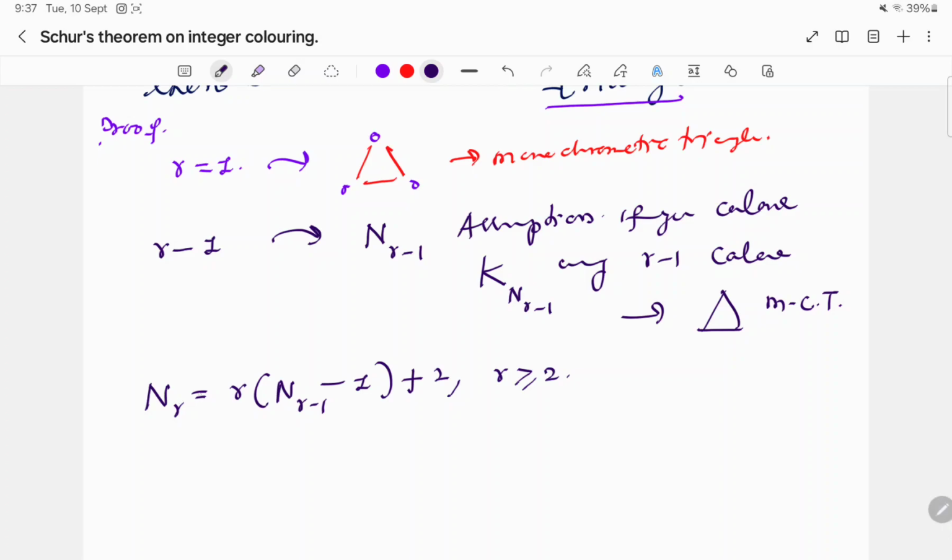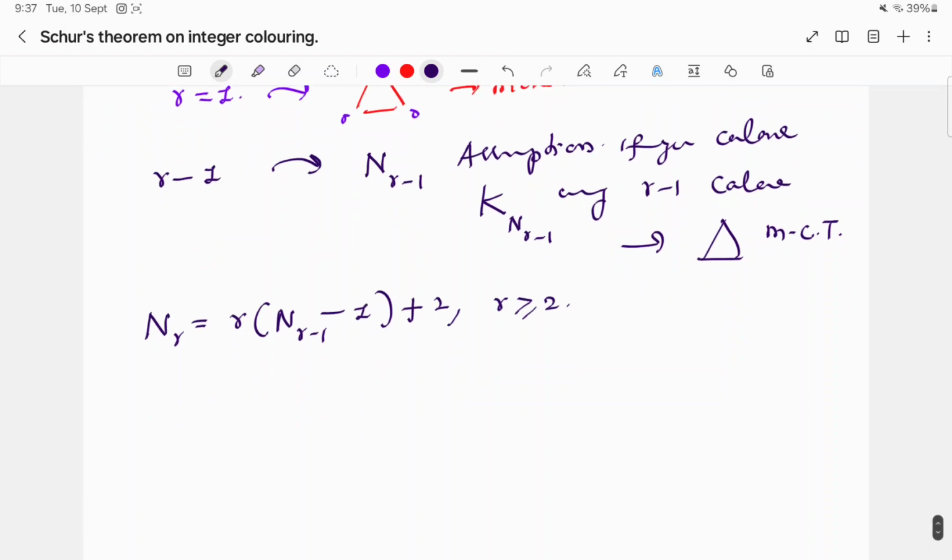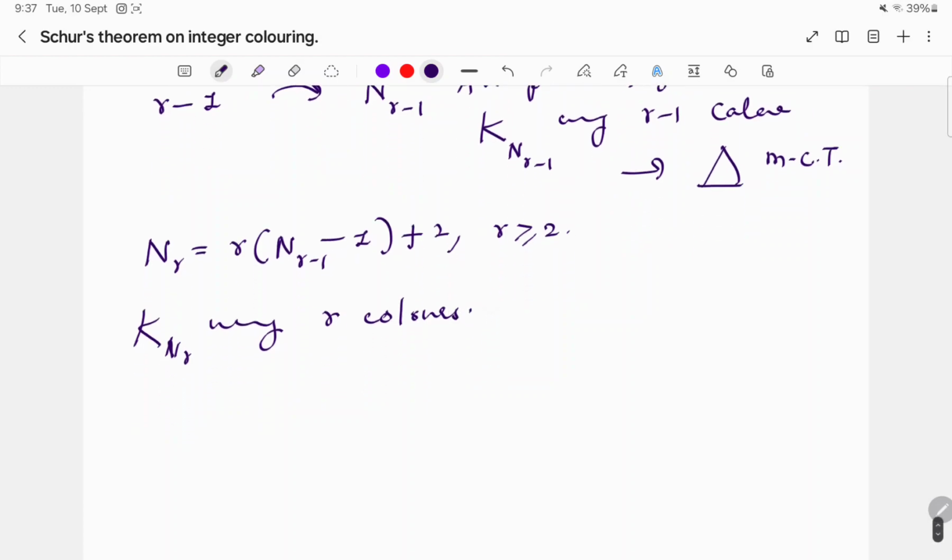I take some number N_R such that it is R times N_{R-1} plus 2. So this is a number. So now I color my K_{N_R} using R colors, right?